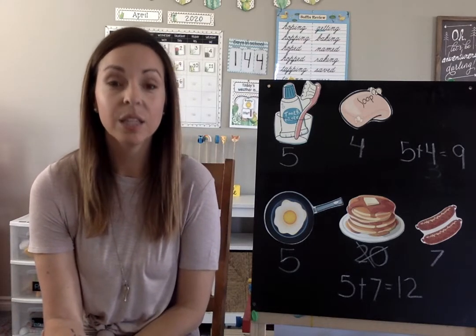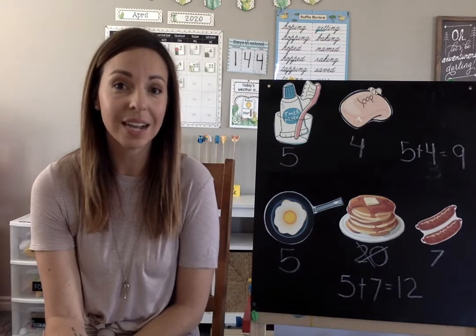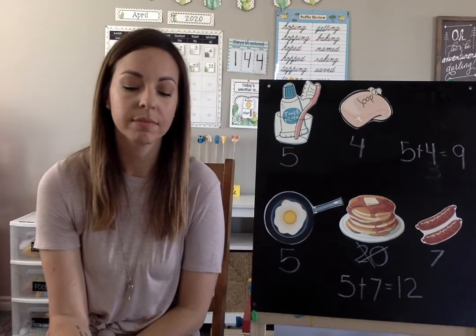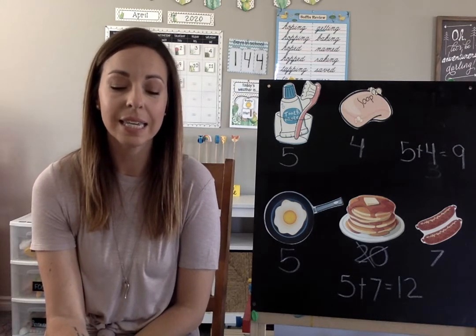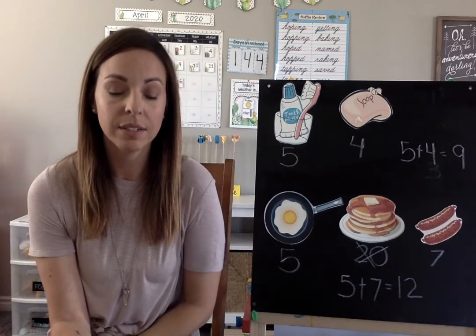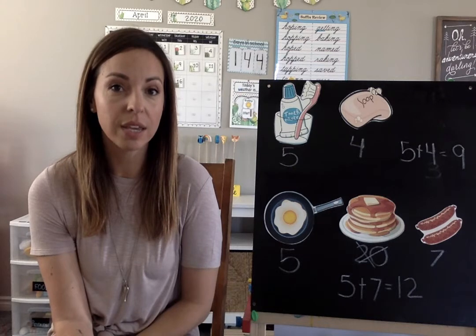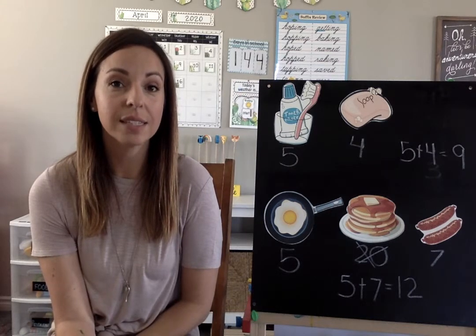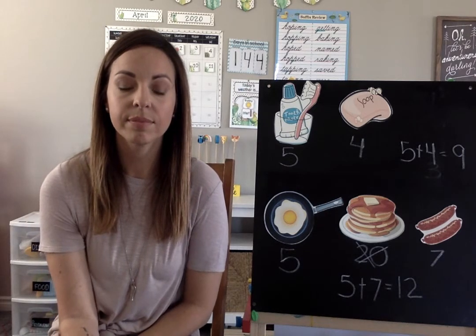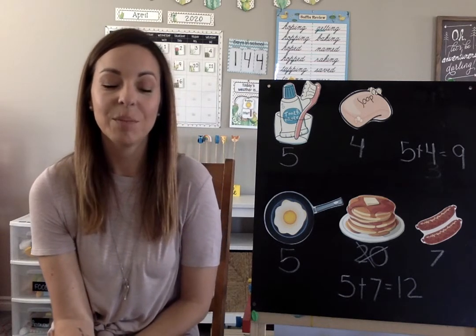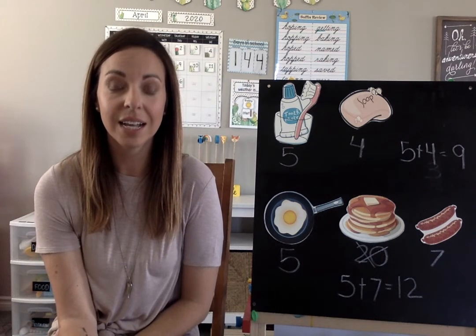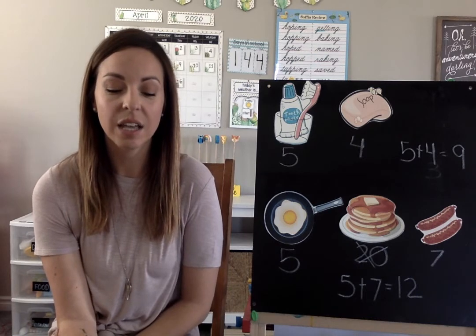Box D, 12 minus 9. Box E, now this one has 3 numbers, so pay close attention. 7 minus 3 plus 6. And box F, 2 plus 9 minus 4.